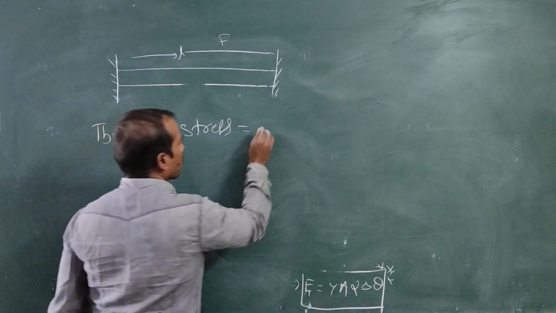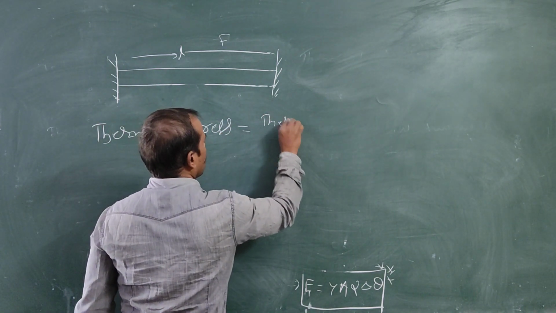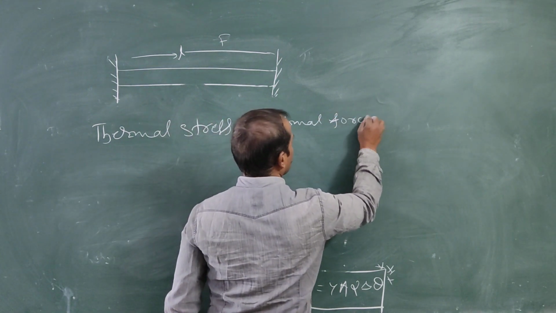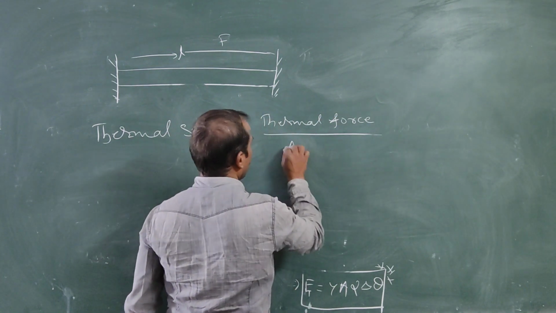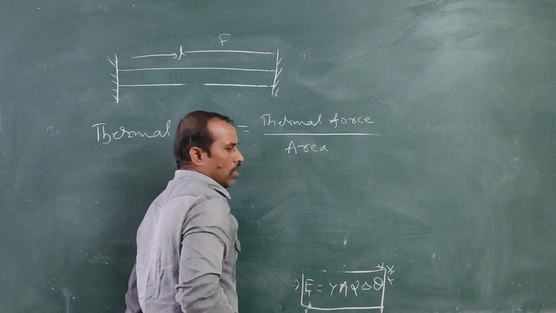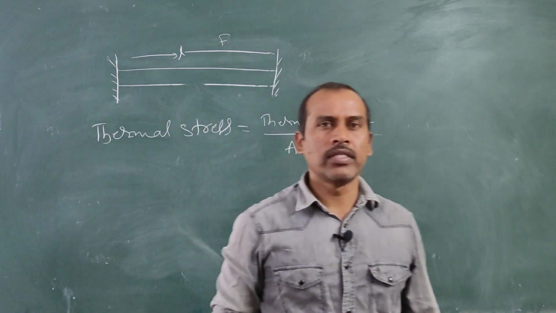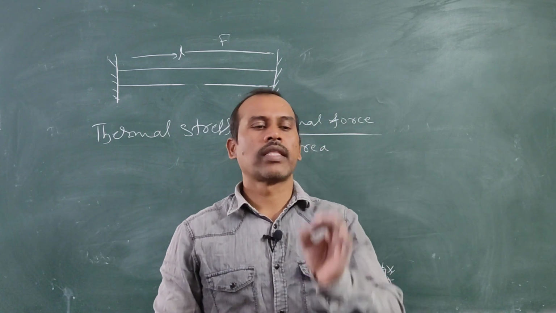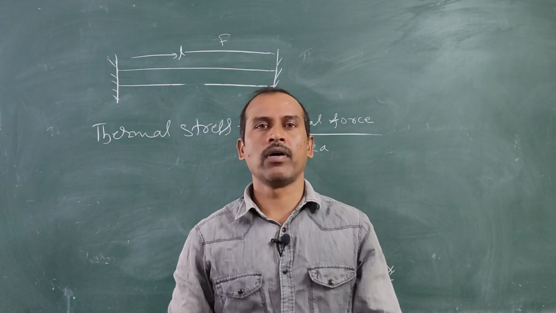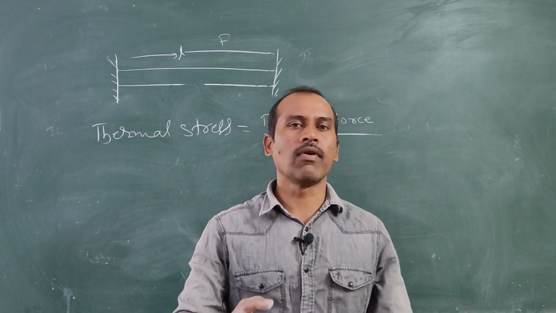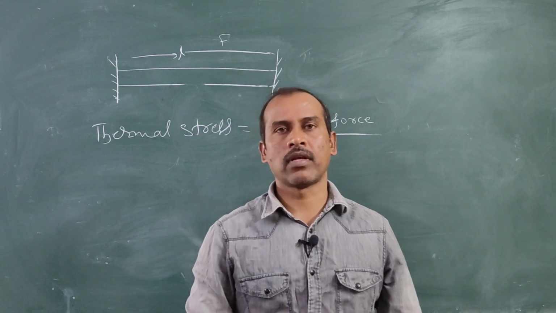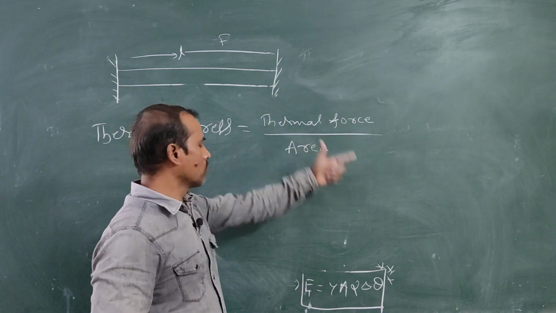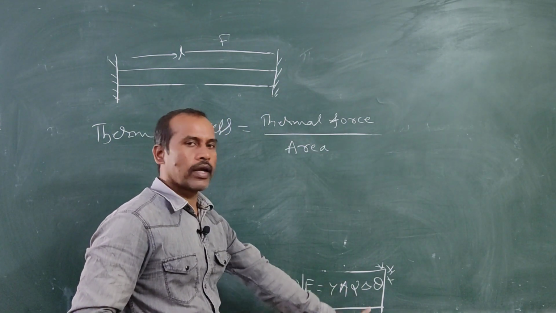The thermal stress is defined as thermal force per unit area of the rod. It is called thermal stress. So thermal stress is equal to thermal force by area, and the thermal force is nothing but Y A alpha delta T.